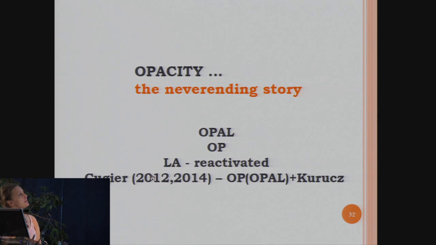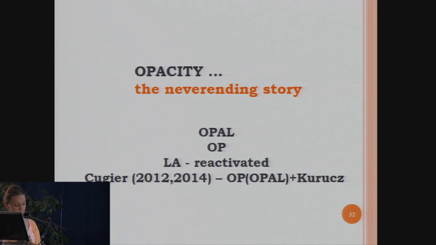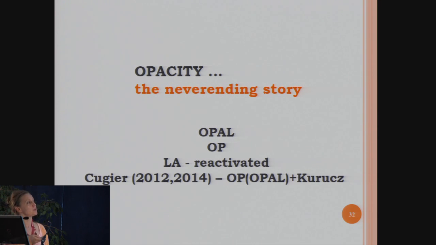And the opacity seems to be a never-ending story, because now we have OPAL, OP, also Los Alamos data has been activated, and also recently Sugier published some new opacity data. This is a combination of OPAL plus CoRoT opacities.